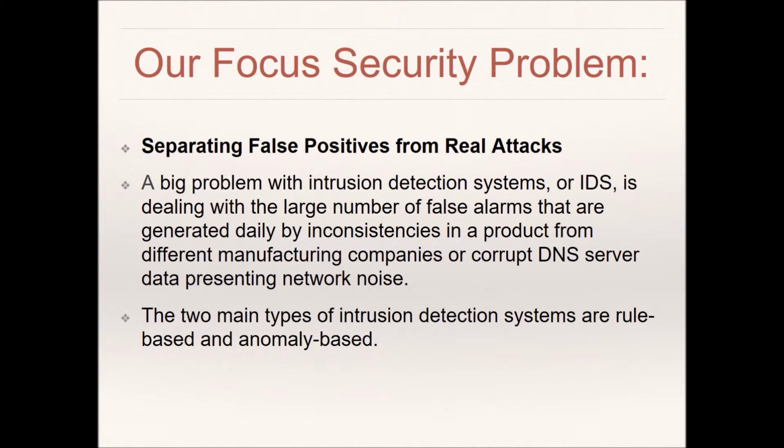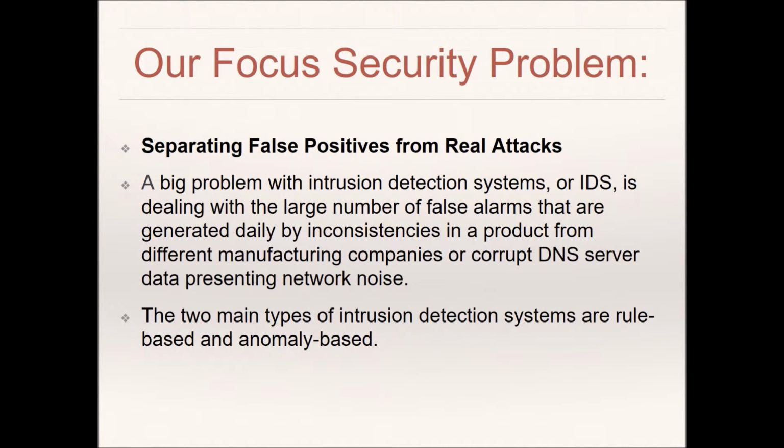A big problem in intrusion detection is dealing with the sheer number of false alarms that get generated on a daily basis. It's difficult to separate real attacks from false positives because any number of things can confuse IDS systems.